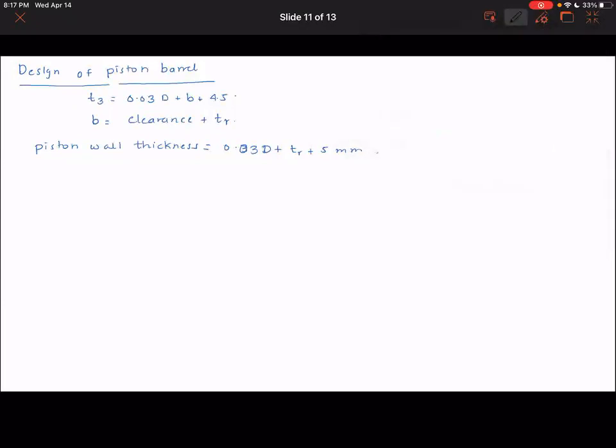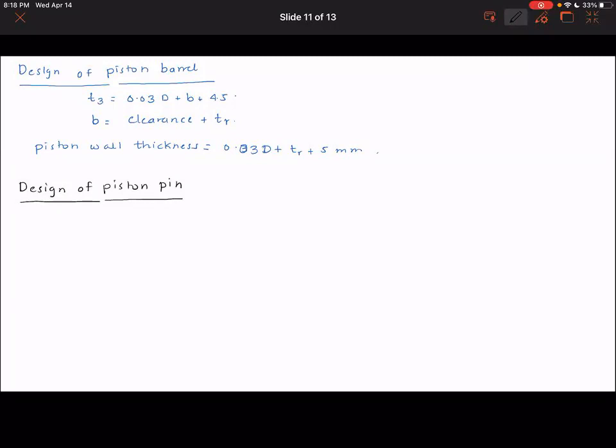So with that, the dimensions that we need to construct the CAD geometry for the piston are done. The last part of the piston is the piston pin. So, design of the piston pin. The purpose of the piston pin is to hold the piston and connecting rod together.